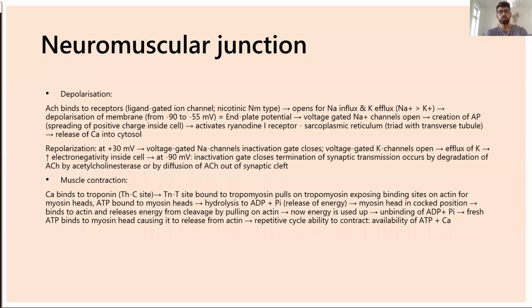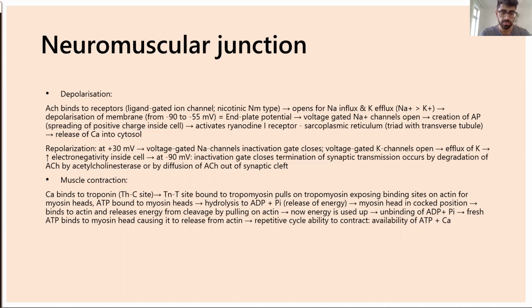Okay, so now I have a couple of slides on musculoskeletal physiology, following on from what we've just talked about with the electrophysiology. I just want to talk quite briefly about neuromuscular junctions. A neuromuscular junction is the interface between the nervous system and the muscles.